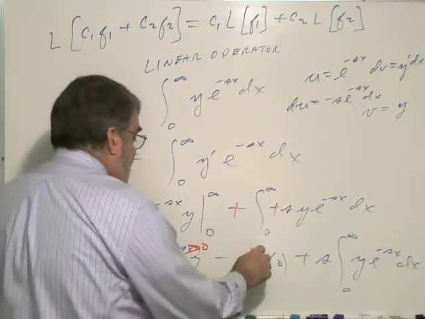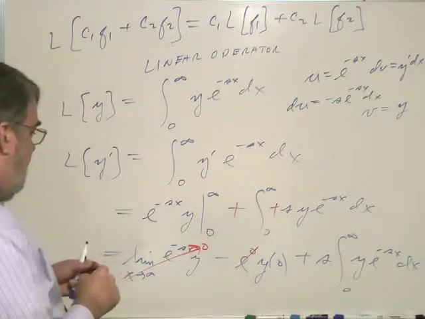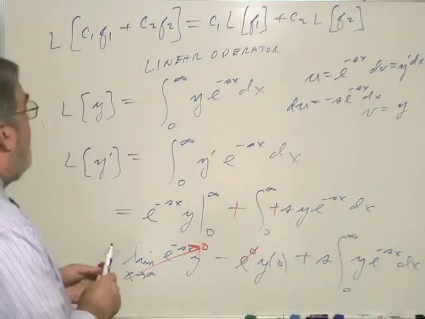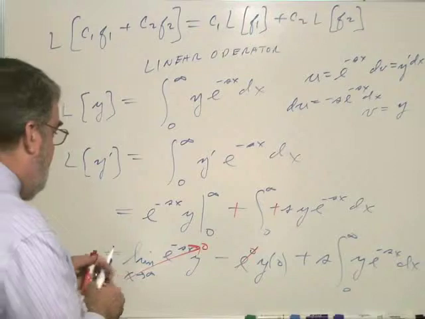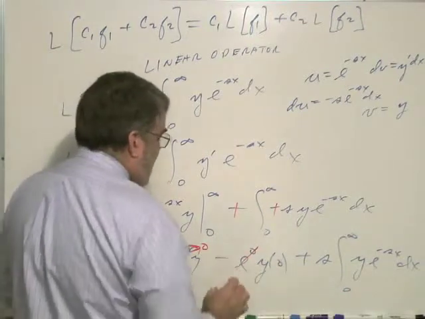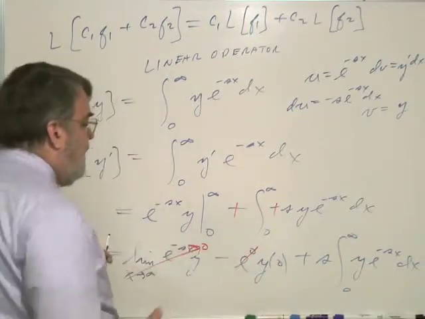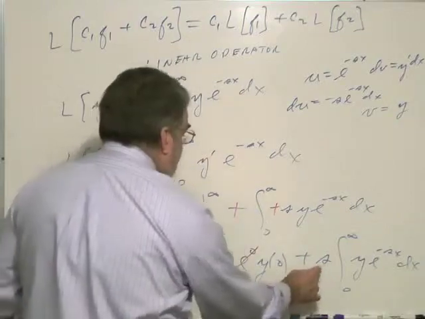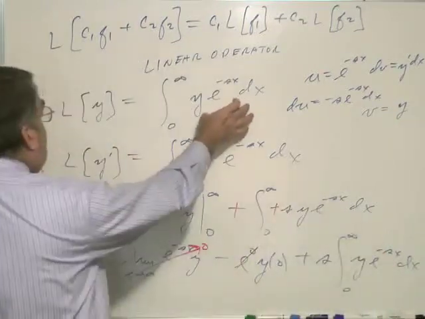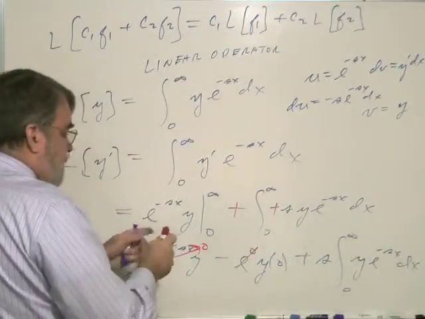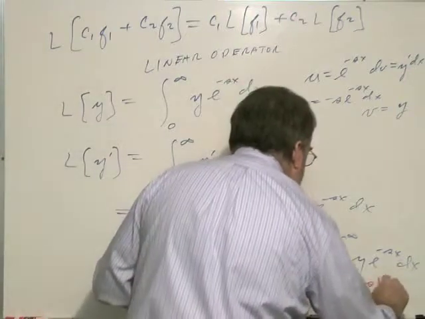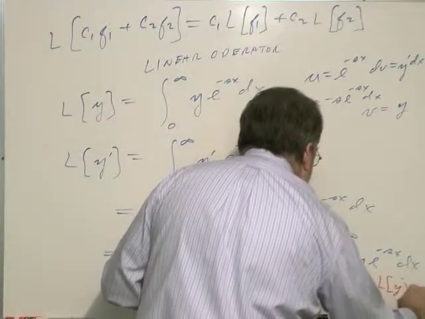And e to the 0 is 1. So we end up with minus y at 0. And then, if you look carefully here, this is s times the Laplace transform of y.